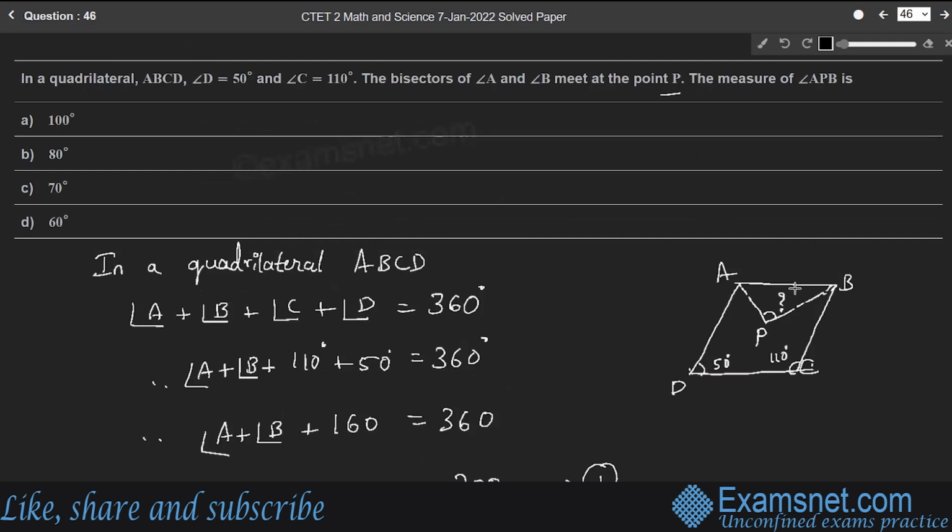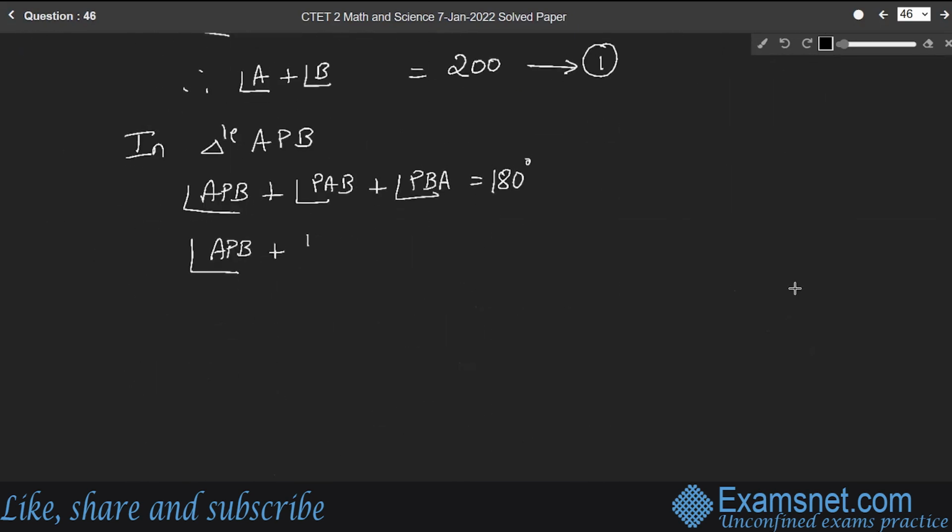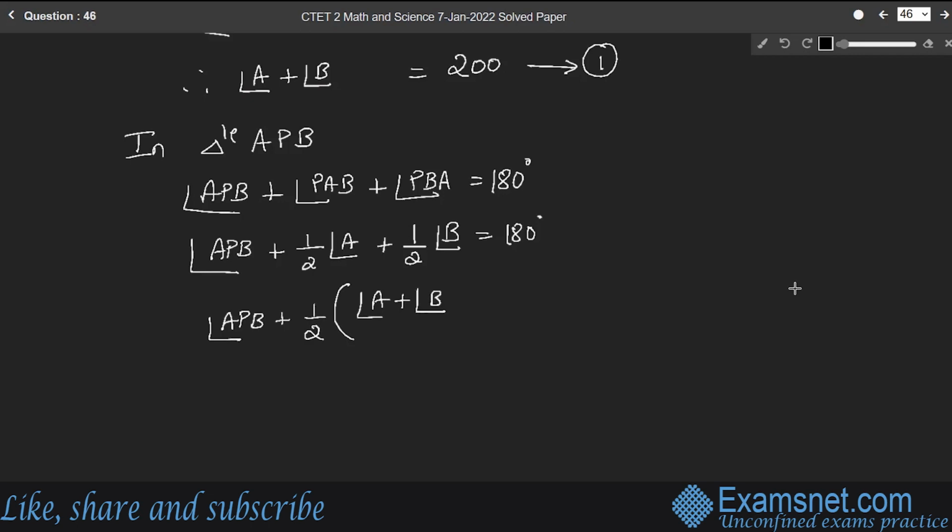PAB is half of the angle A because AP bisects angle A and PB bisects angle B. Therefore, we can write PAB as half of angle A and PBA as half of angle B is equal to 180 degrees. Right? Therefore, angle APB plus half of angle A, half is common here. Angle A plus angle B is equal to 180 degrees.